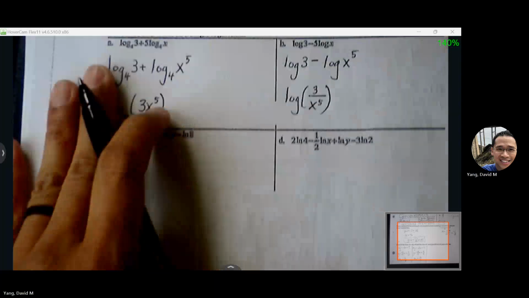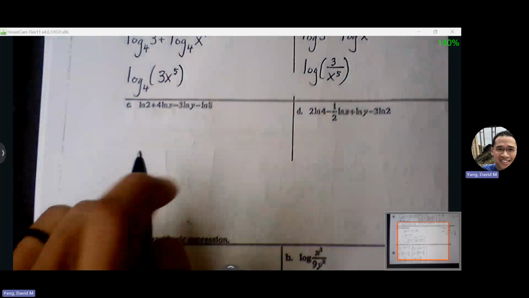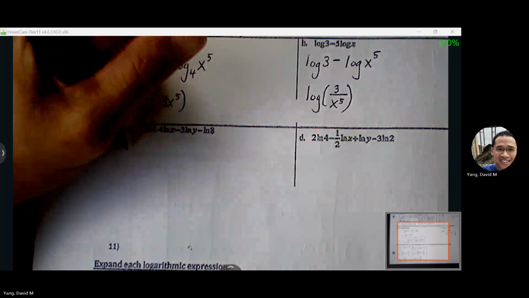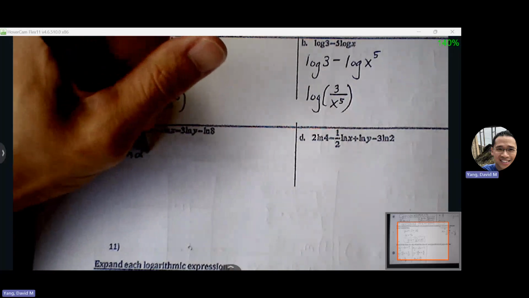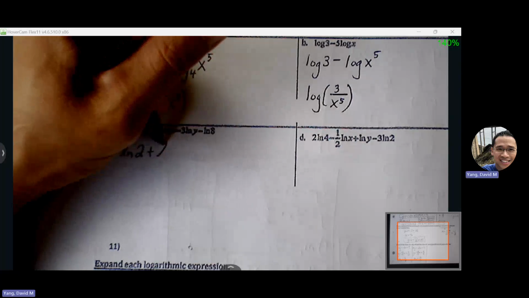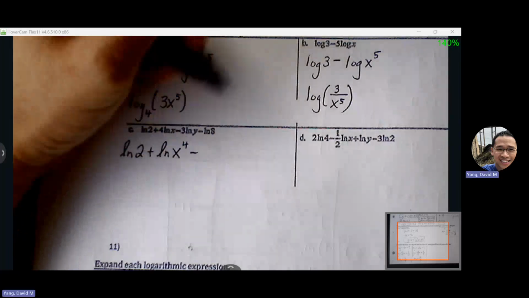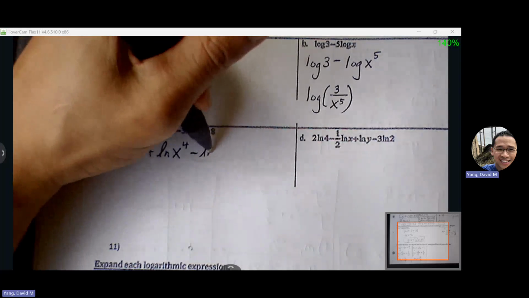Okay. So for part C, I would start off with the coefficients, push the coefficients up as exponents. And then depending on the sign, you can place each of those terms either in the numerator or the denominator of your natural log.